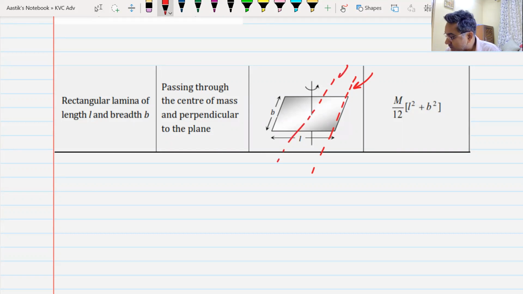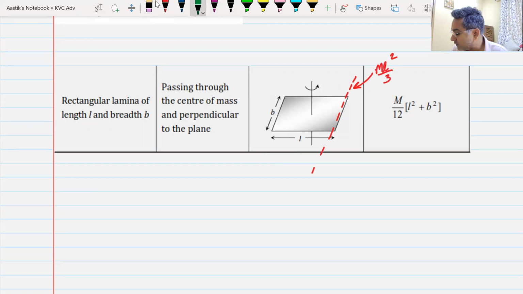How much is this? ML square by 12. How did you get this? From the rod, you know? Because whatever is the moment of inertia about the rod, you don't have to apply the parallel axis theorem. It is basically equal to the moment of inertia of the rod about this axis, ML square by 3.